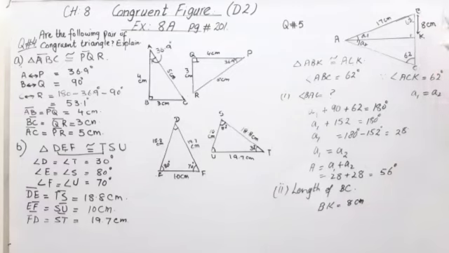So CK is also 8 centimeters. Then we can say BC is equal to BK plus KC, or CK, which is the same thing. 8 plus 8 centimeters is equal to 16 centimeters.